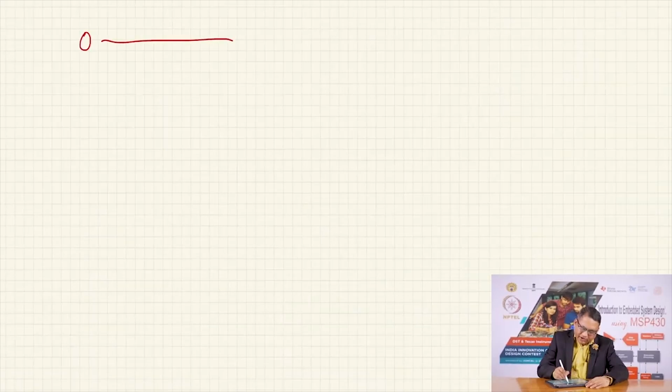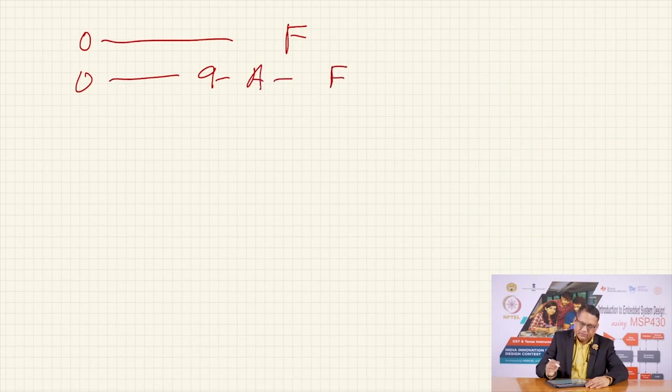We are showing the count in a hexadecimal fashion, which means we can display numbers from 0 to F, 0 to 9, and then A, B up to F. So, this is what we are going to do in this exercise.